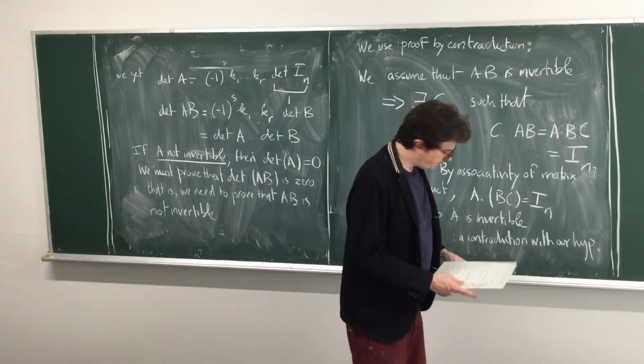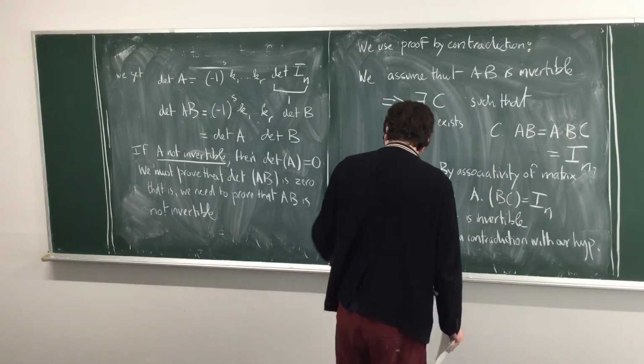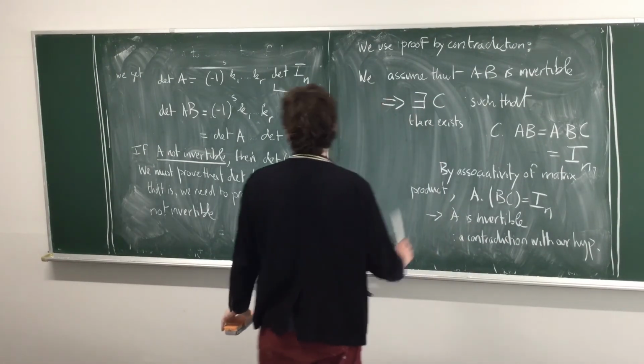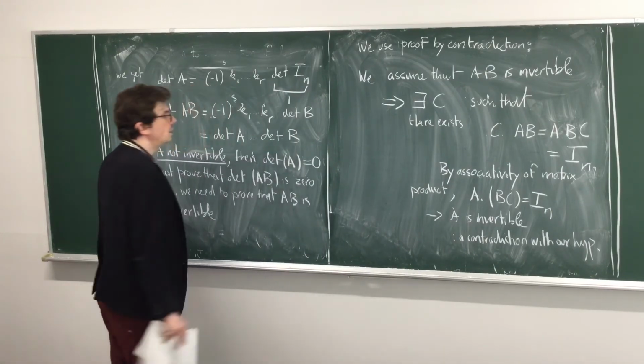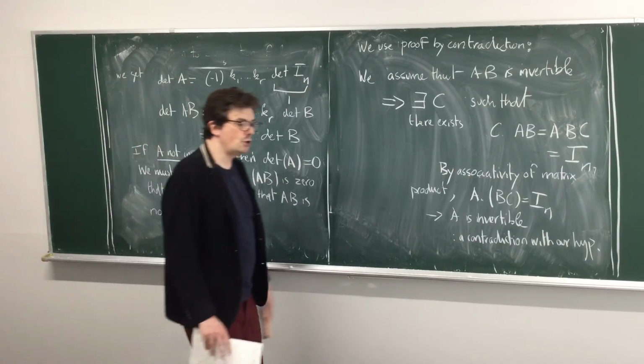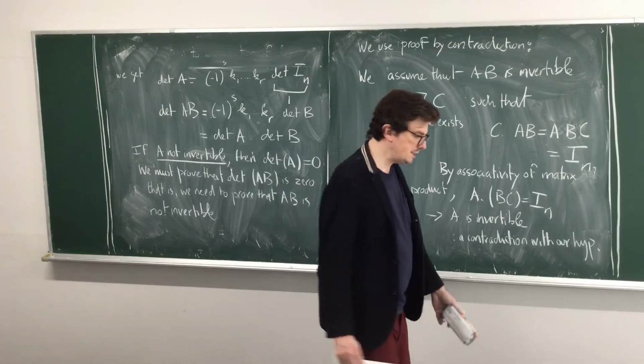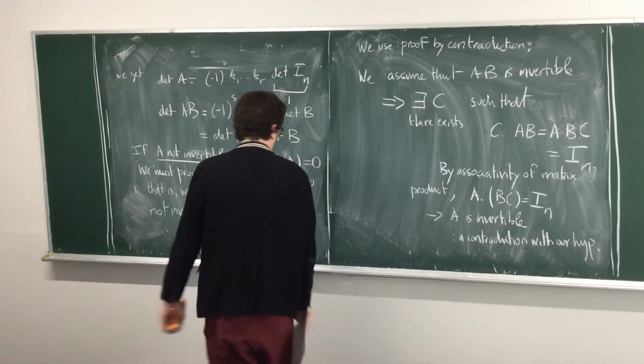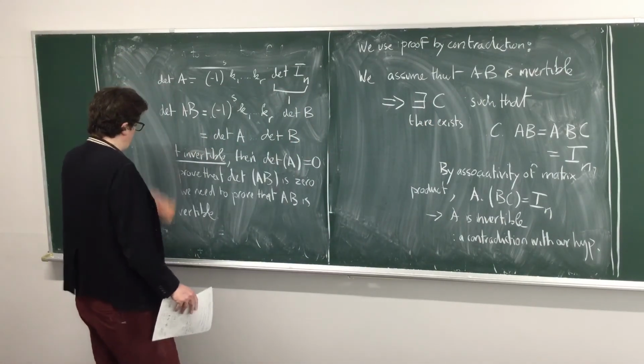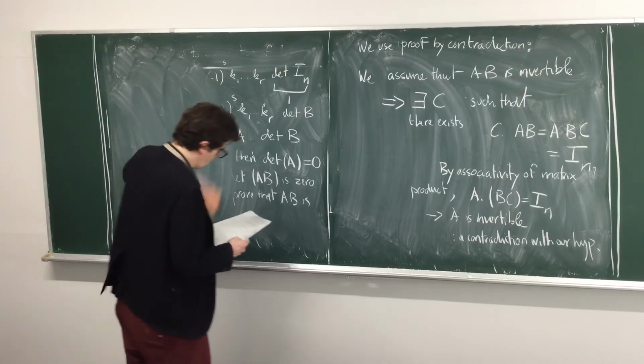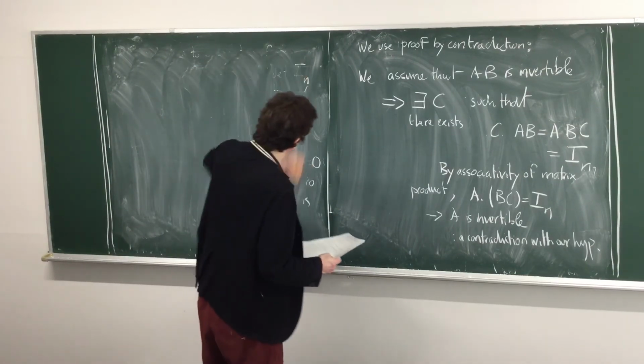Good. Let's see an immediate corollary of this important theorem. So remember the theorem, the determinant of a product of matrices is the product of the determinants. And an important corollary is the following.